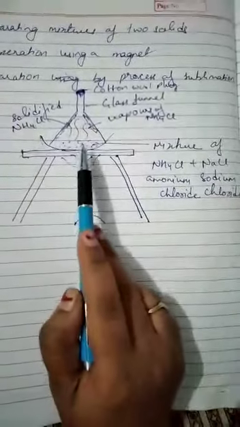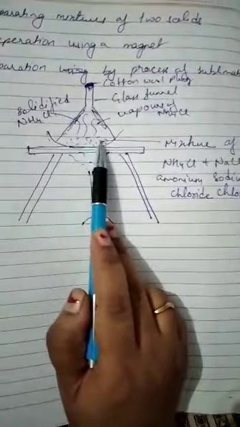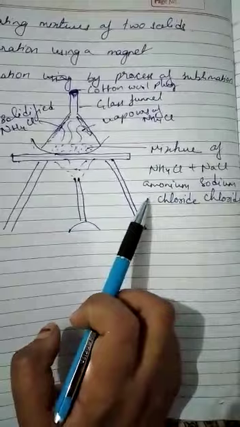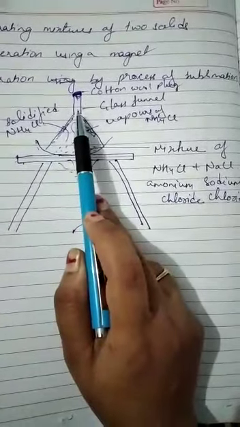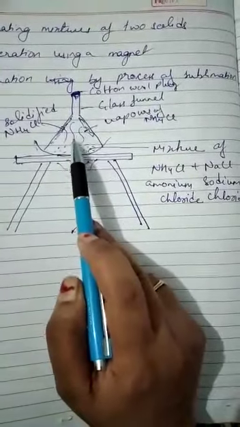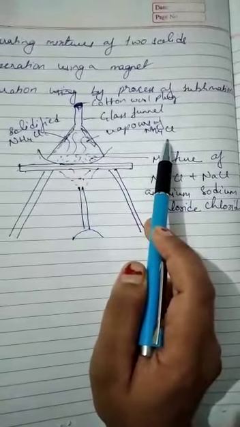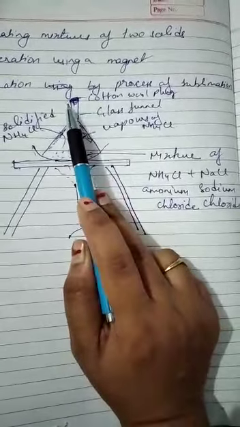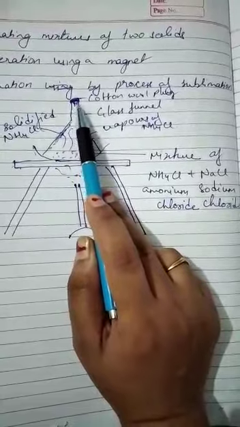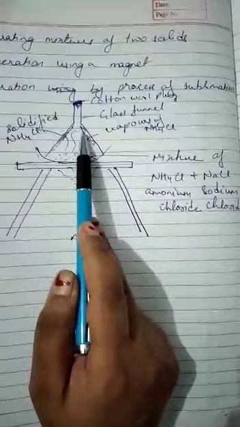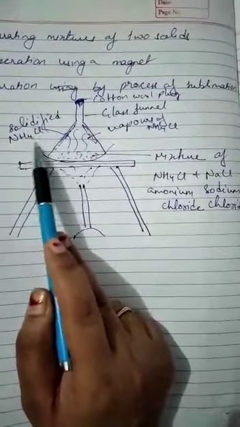Basically this dotted part is your mixture of ammonium chloride and sodium chloride. This is your glass funnel, as I told you. These are the vapors of NH4Cl. This is the cotton wool plug, and there is a deposition of the solidified ammonium chloride.